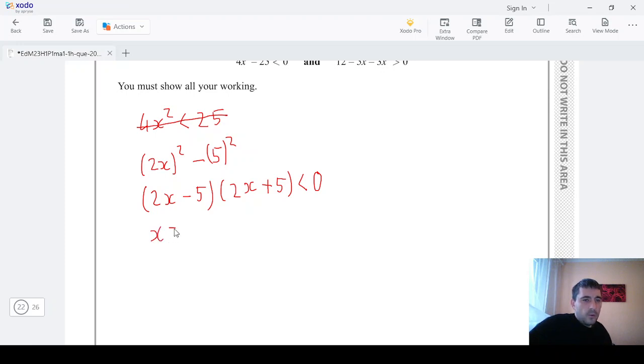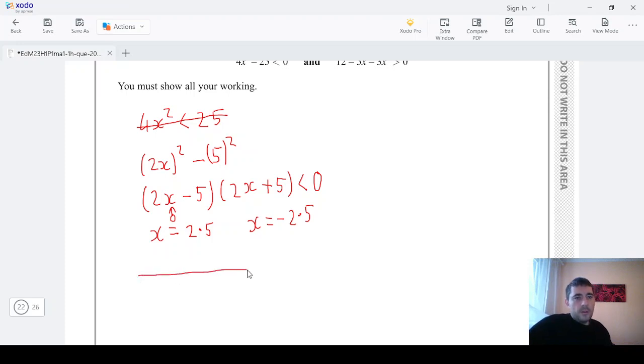One of the critical values here is 5/2. Checking when this bit is equal to 0, the first bracket will be equal to 0 when x is equal to 2.5. The second bit will be equal to 0 only if x equals negative 2.5.